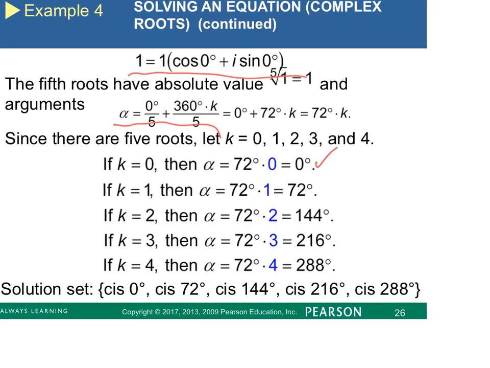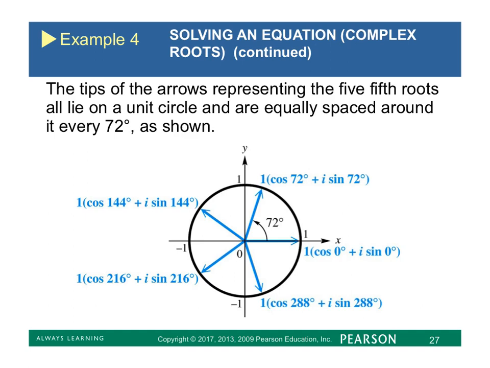Here k is 0, 1, 2, 3, and 4. He abbreviated every one of them to be cis, which is a lot less writing. So I like that. So there's the picture. He converted it back to non-cis. There's all 5 of them.